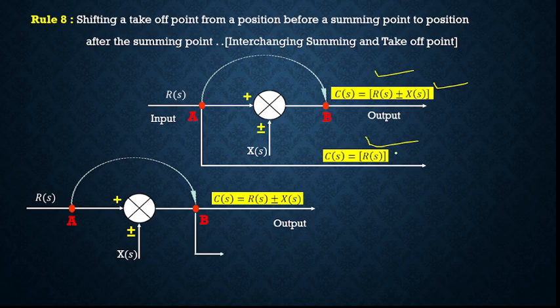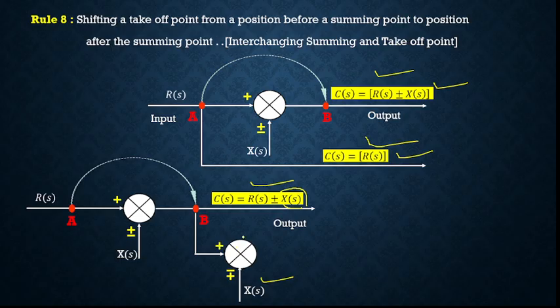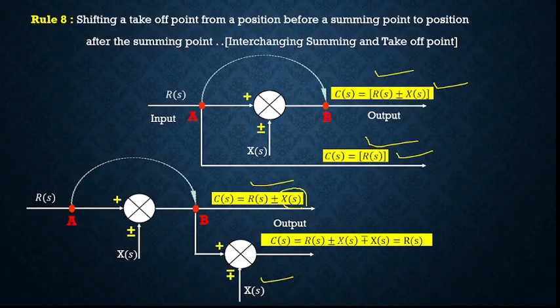What I want here, the output is only R(s). But what I am getting here? R(s) plus minus X(s). So I need to remove this X(s) term. So if it is added here with a plus minus sign, I will do here minus plus. So here it will be minus plus with an X(s) sign. This is plus. So at the output, what we are getting? R(s) plus minus X(s) minus plus X(s).